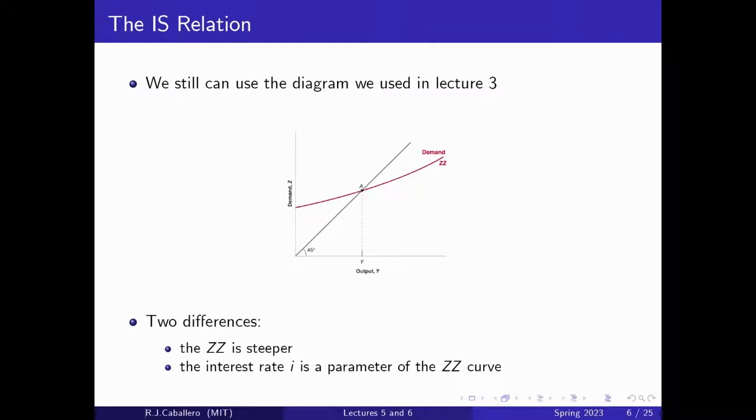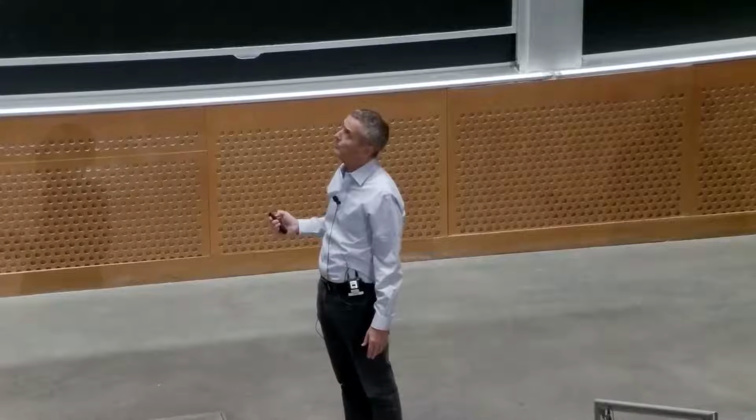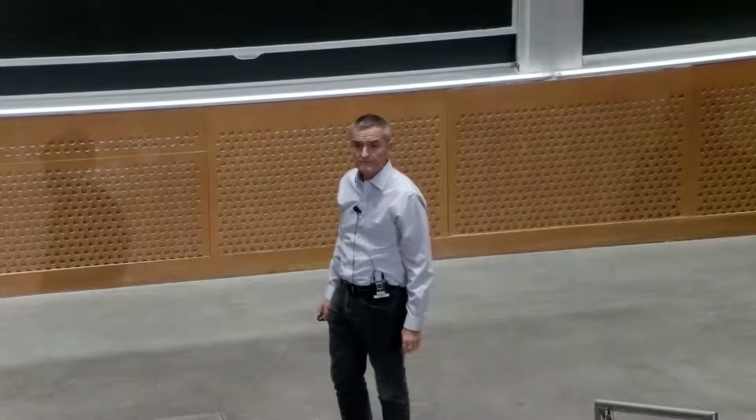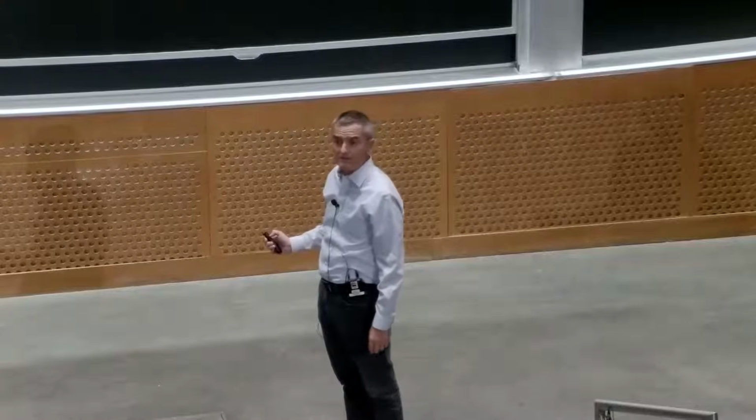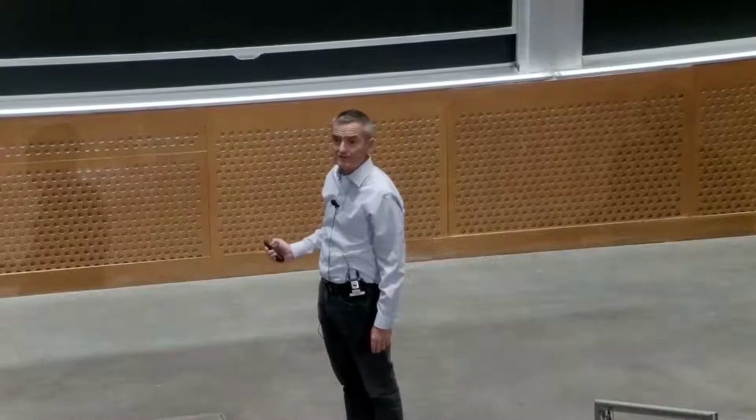So I said, lecture 3 now, this Z curve is a little steeper because investment also responds positively to increases in output. Importantly, now we have an interest rate which is a shifter of this aggregate demand. In particular, if the interest rate goes up, what happens to that curve?